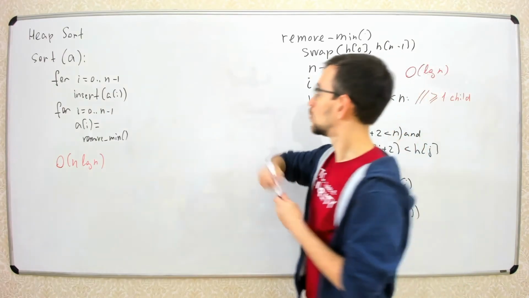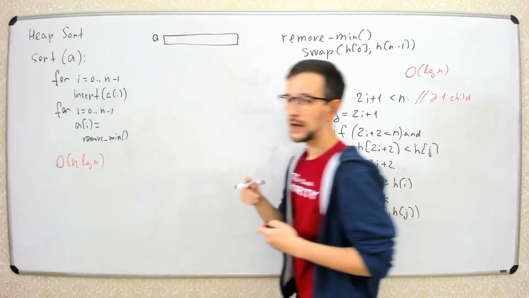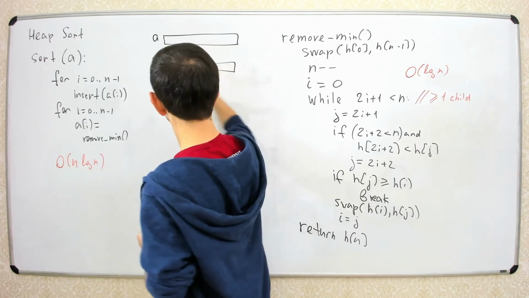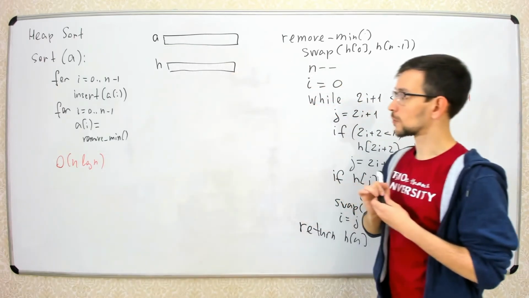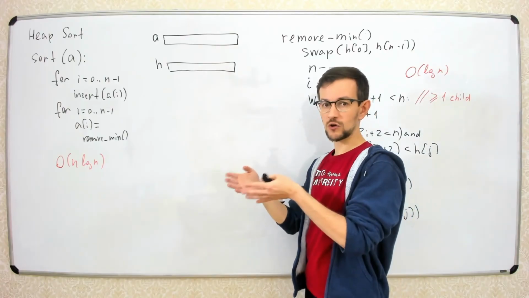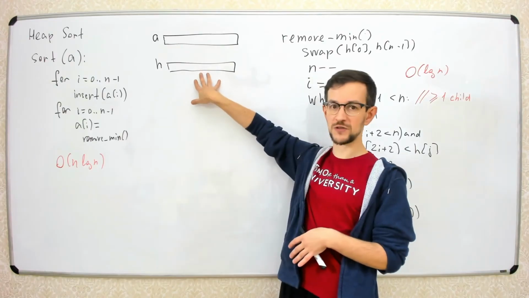Now, what's happening? We have array A, and we need another array H. If you want to sort an array of size n, you need to create another array of size n, just to use it as a binary heap.